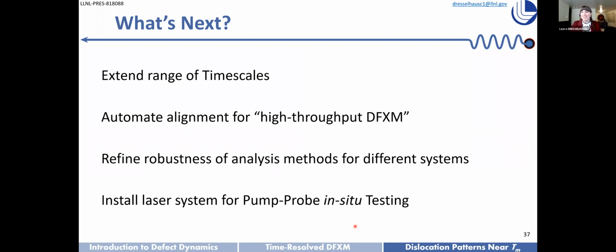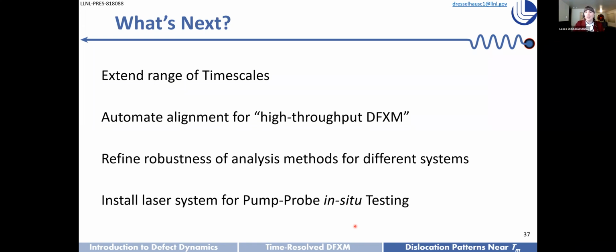Next up is, of course, to find a way to connect the dots between those milliseconds and femtoseconds of timescales. So we have a whole bunch of exciting plans to extend this range of timescales. We also have some plans to start, actually we've already begun, developing methods with automation tools to automate the alignment of this dark field microscope to be able to push us to more high throughput testing in this type of DFXM setup.